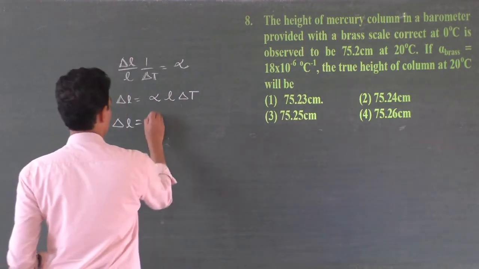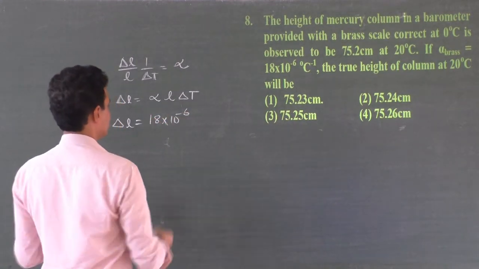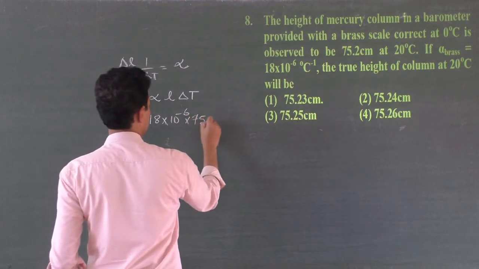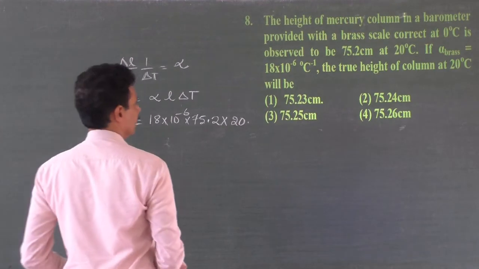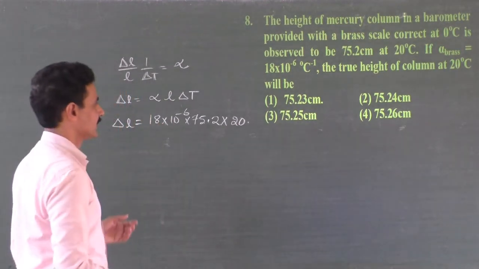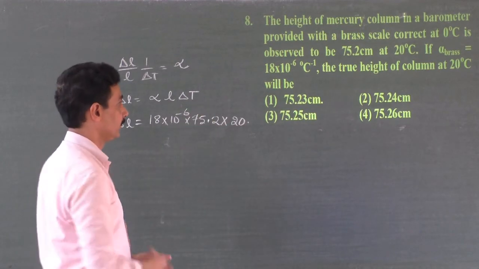Alpha of brass is 18 into 10 to the power minus 6, and its length I will take as 75.2 centimeters, and the change in temperature is 20. I will write the change in length in centimeters only, so that I can add it to 75.2.